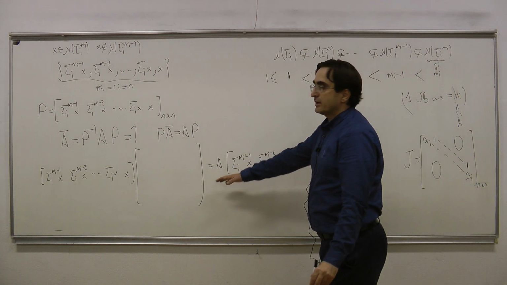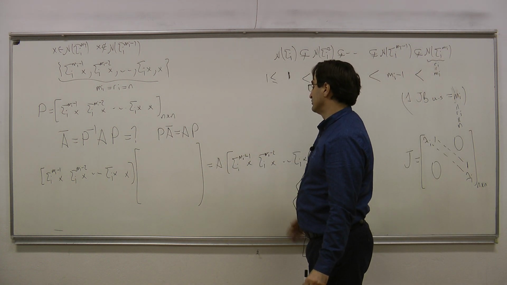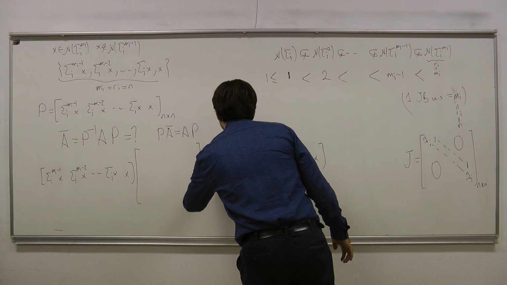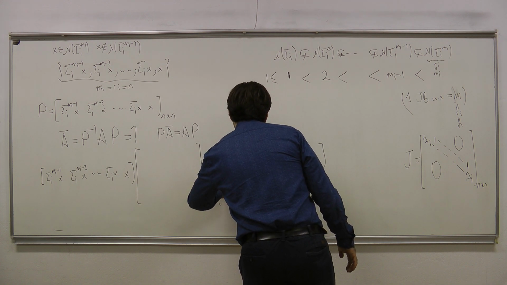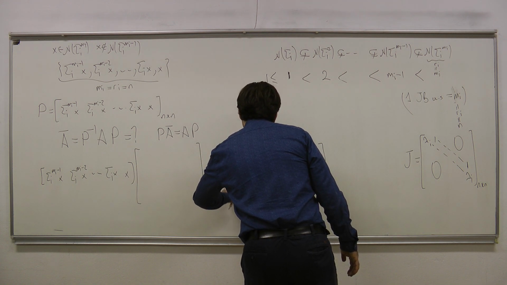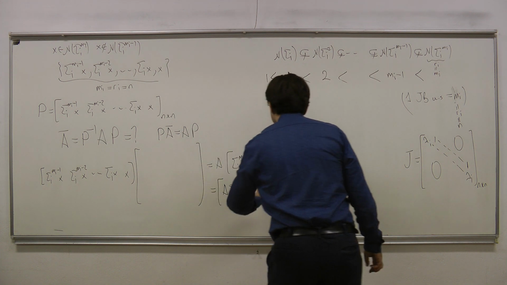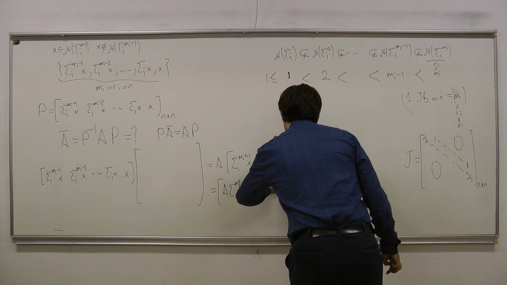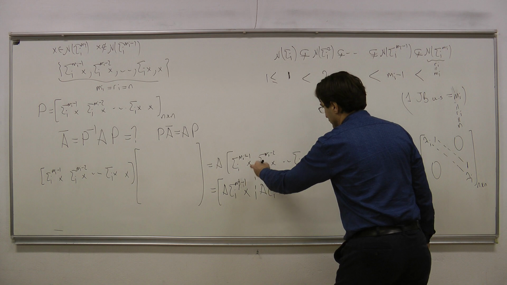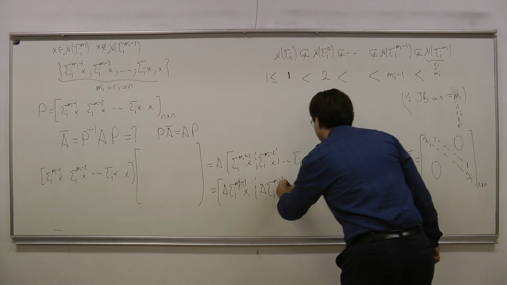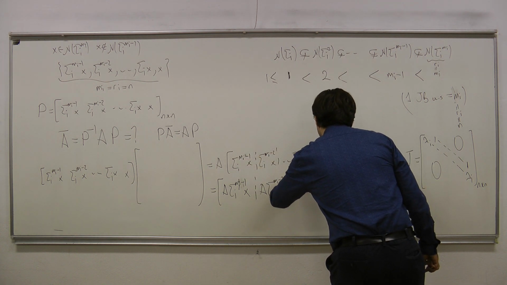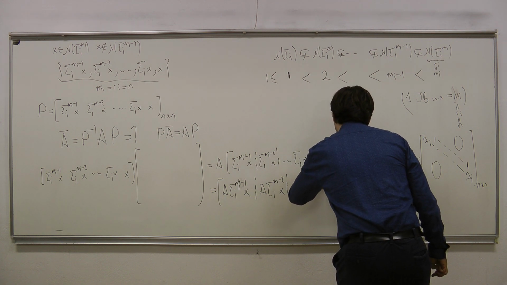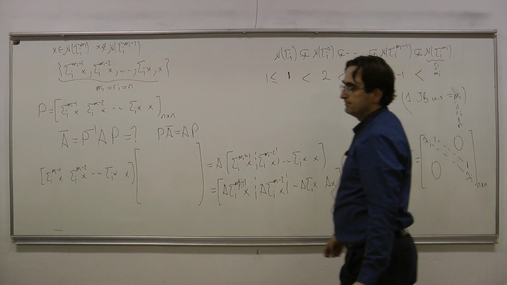Now we can always make the multiplication on the right here. This is going to be A times (A − λ_i I)^(m_i−1)x, A times (A − λ_i I)^(m_i−2)x, A times the columns of this matrix. Okay? So we have here A times (A − λ_i I)x and A times x. All right?